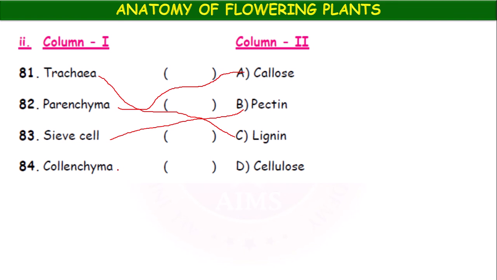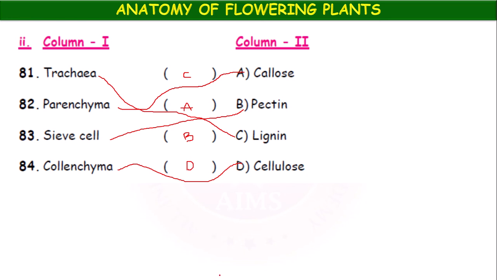Collenchyma, cellulose. So, tracheae made of lignin, parenchyma callose, sieve cells pectin, collenchyma cellulose.